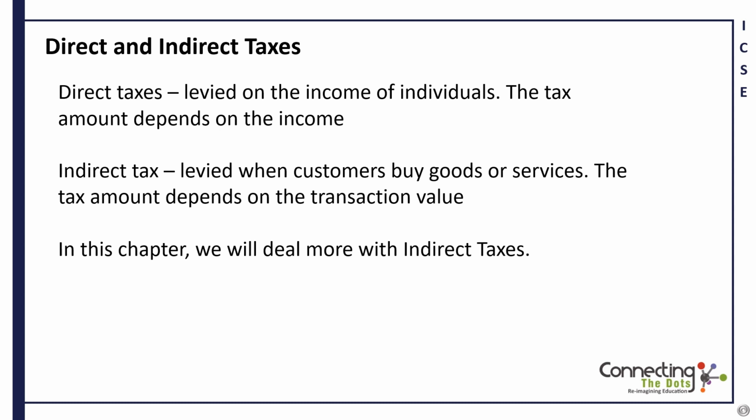Specifically, what is GST? Before we come to that, let us understand that there are two kinds of taxes, direct and indirect. As the name suggests, direct taxes are those that we directly pay to the government. It is levied on the income of individuals or companies.